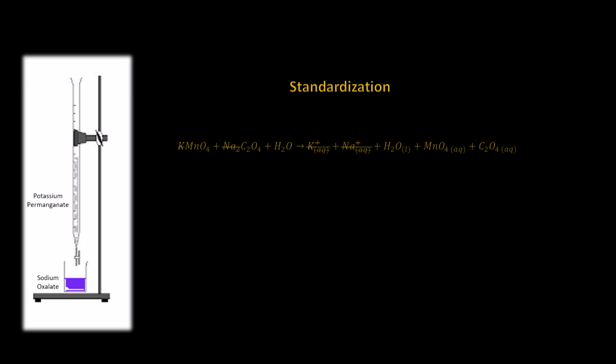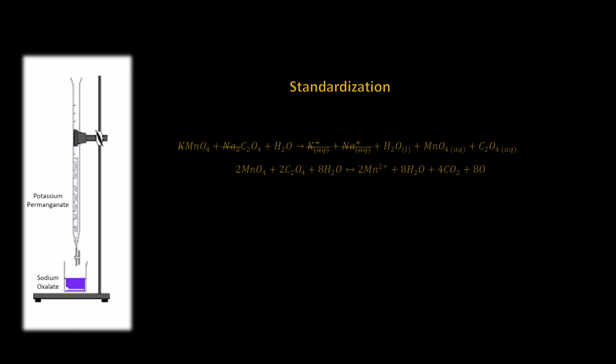The first reaction equation shows that the potassium permanganate dissociates along with the sodium oxalate. The potassium and the sodium will remain in solution as soluble ions. The remaining ions are the permanganate ions and the oxalate ions. These ions will further dissociate, forming carbon dioxide gas and oxygen, which are liberated as gases.